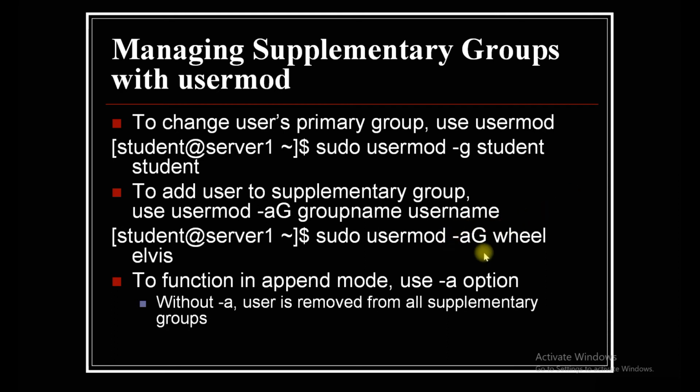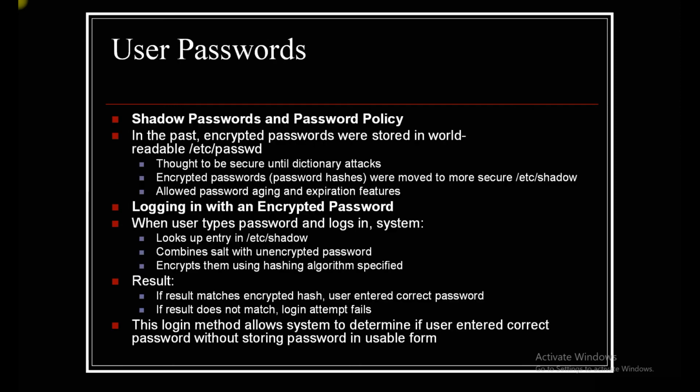If you don't mention it, it will remove that user from one supplementary group and add them into the other supplementary group. At one time you cannot do more if you don't mention the -a option. So if you want to make the user part of more than one supplementary group, you have to mention -aG. Okay, let's move to the next slide.